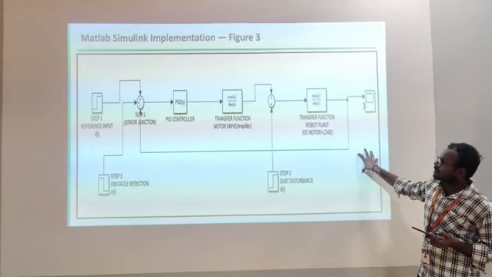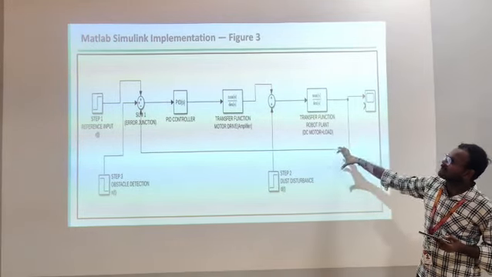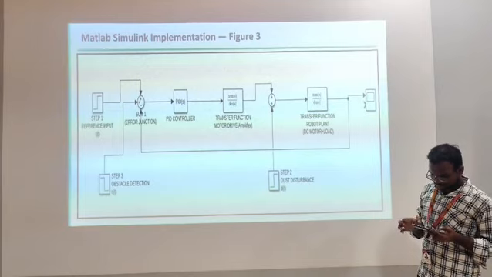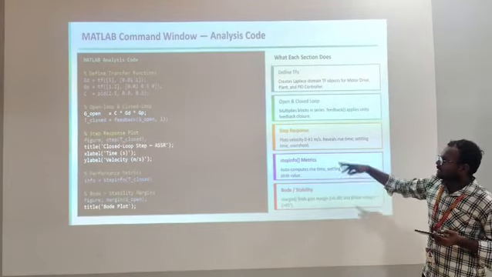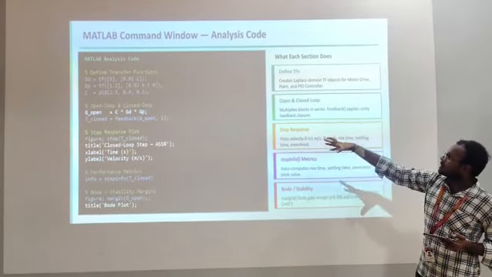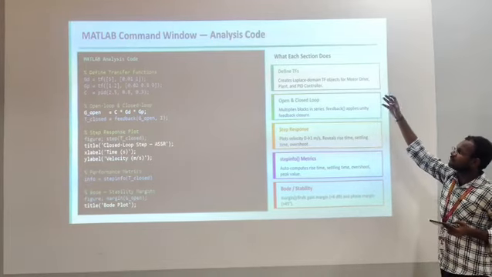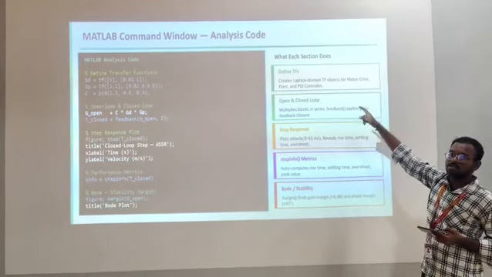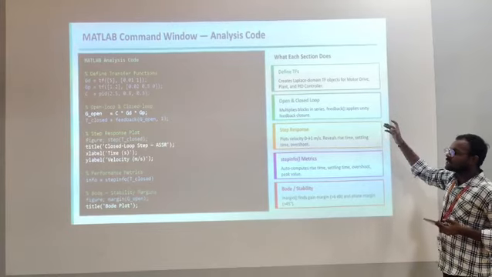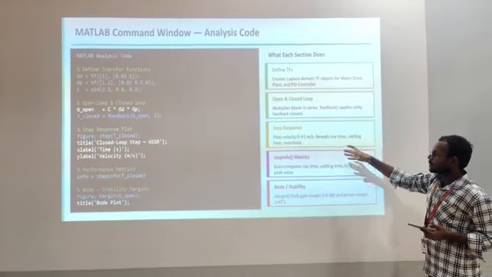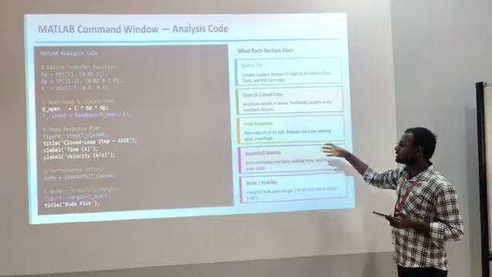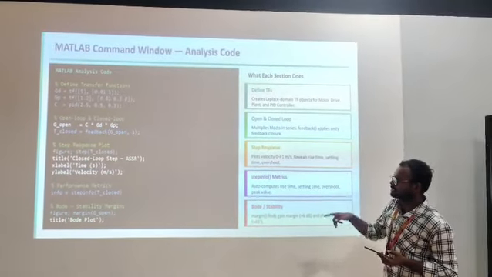And here is the block diagram that is implemented in Matlab. It is the code used in Matlab, and each section will explain its transfer function, open and closed loop, step response and performance metrics and stability of the system.